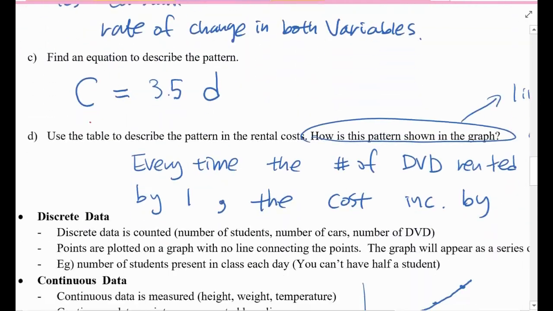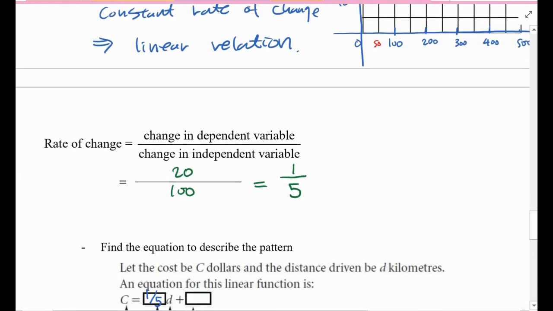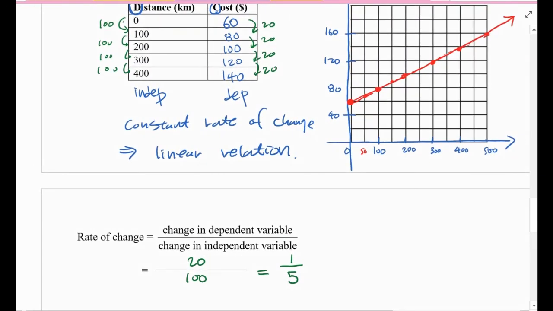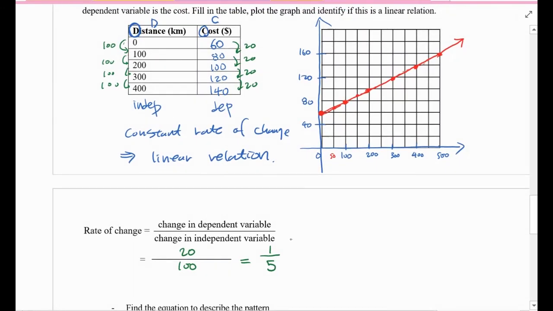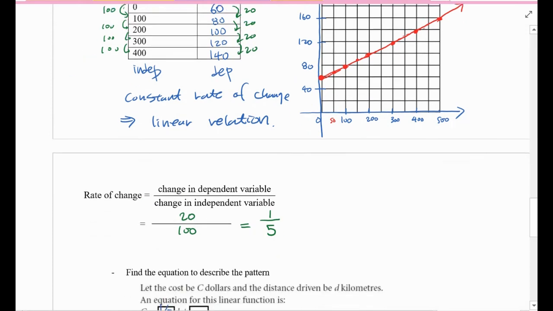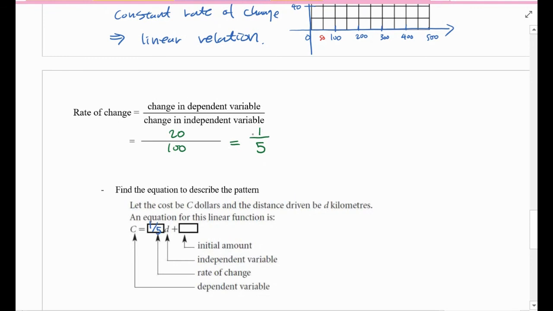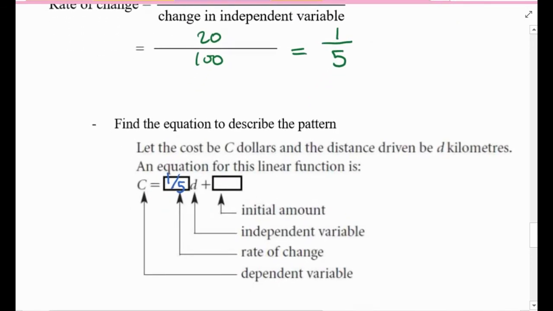But we actually need to use the rate of change. And you find the rate of change using this formula: change in dependent variable over change in independent variable, which is 20 over 100. If you reduce it, it is 1 over 5. And you write down 1 over 5 over here.